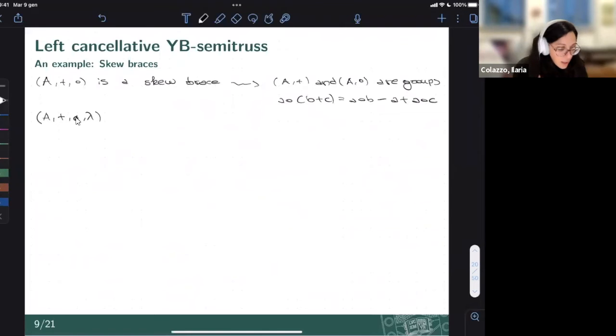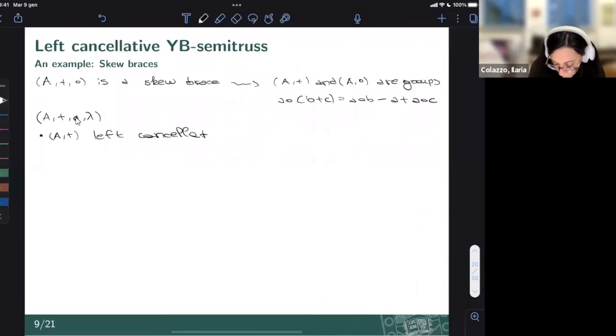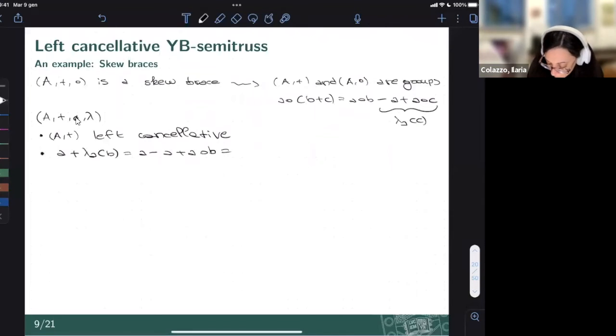In fact, we can note that since A plus is a group, in particular it is left cancellative. Then we can observe, if we call this element here lambda_A of C, that A plus lambda_A of B is just A minus A plus A circle B, that is just A circle B. So also the other condition is satisfied.